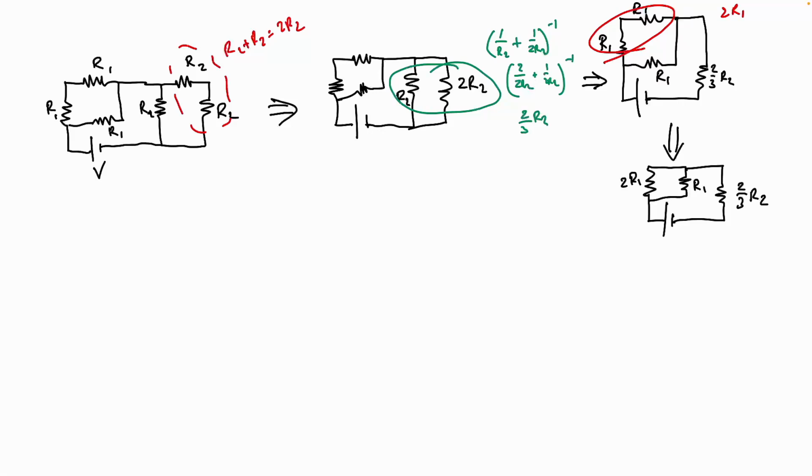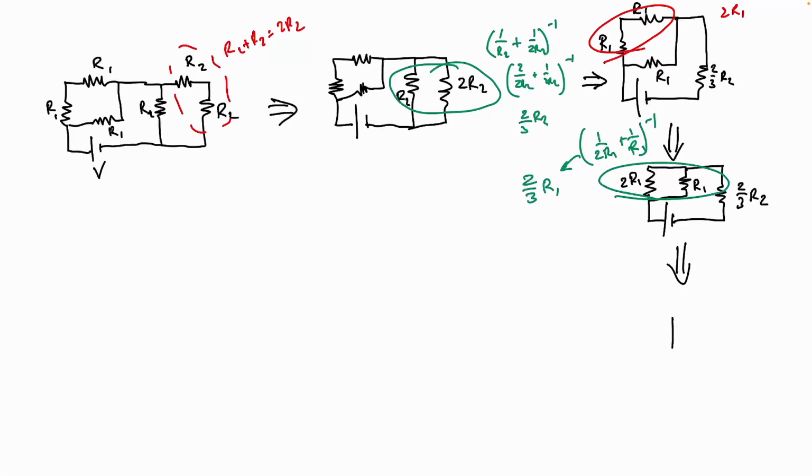Okay, so now what do? These are in parallel. So let's see, that's going to be 2/3 R1, isn't it? Because it's the same math as the R2's one, right? It's 1/2 R1 plus 1/R1 inverted becomes that. All right, what have I got now?